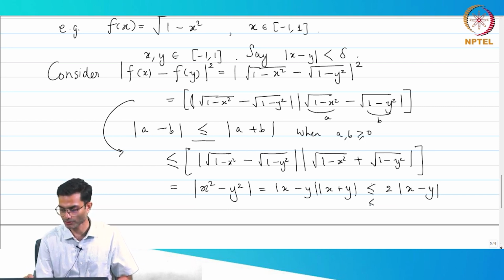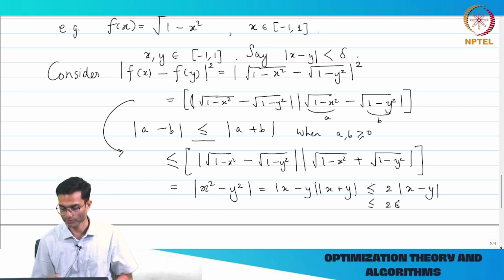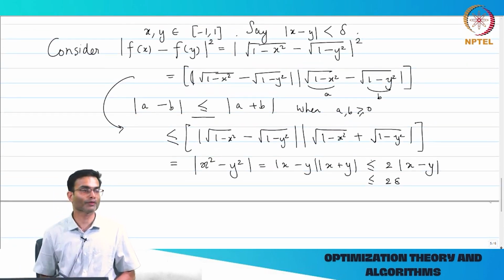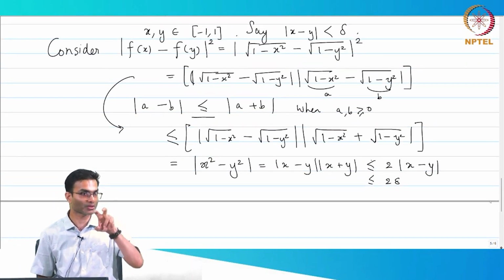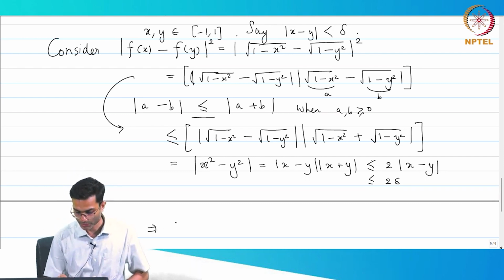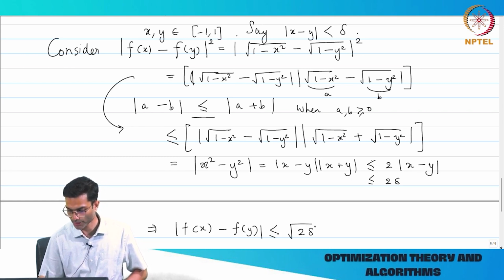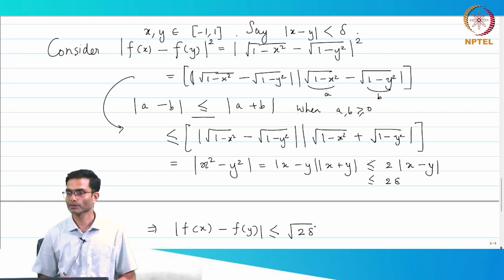Less than delta. So this becomes 2 delta. Okay. And remember this was mod of fx minus fy squared. So it implies that mod of fx minus fy is less than or equal to root of 2 delta. Perfect.